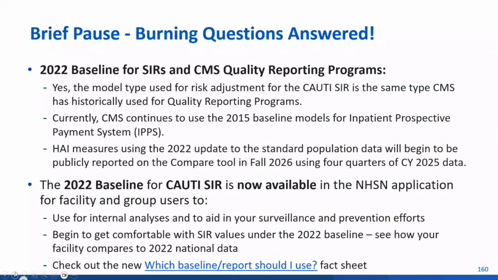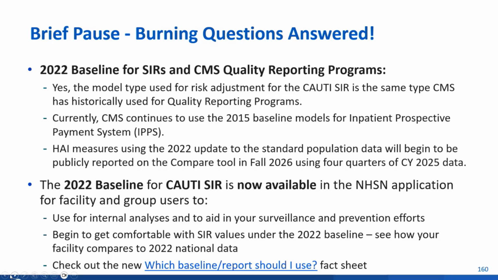All right, before proceeding further, let's pause to address any anticipated burning questions you might have. Here's what we know about how the baseline models are used in CMS quality reporting programs. First, the type of risk adjustment model we use for catheter-associated UTI events remains consistent with those historically used by CMS.